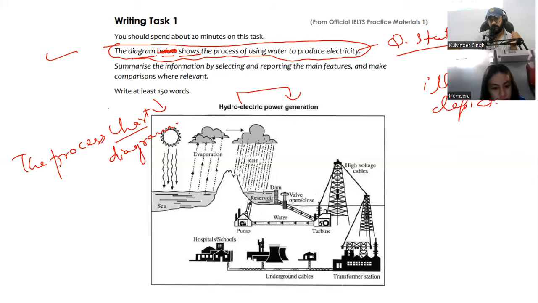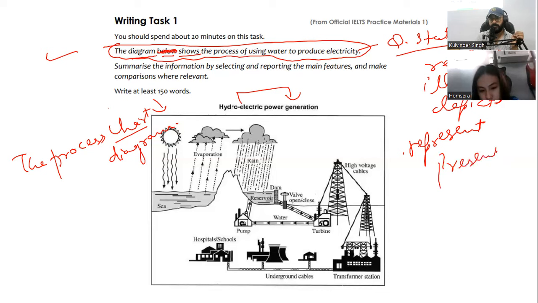depict, reflect, what else? Represent. What else can be done? Presents, indicate, or negates. Different words are there.